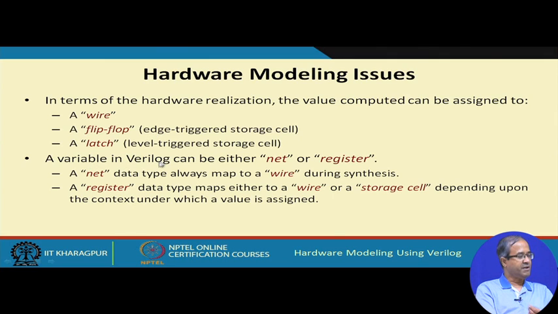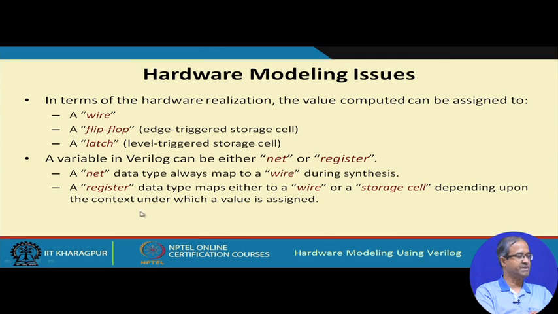A variable in Verilog, as I have said, can be either a net or a register. A net during synthesis will always map to a wire. This is a matter of fact. Similarly, a register which you declare in Verilog will map either to a wire or to a storage cell, depending on how we have written the Verilog code.